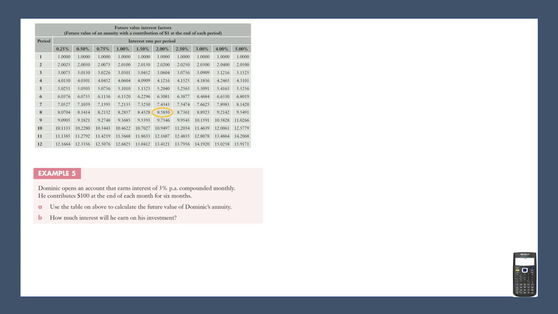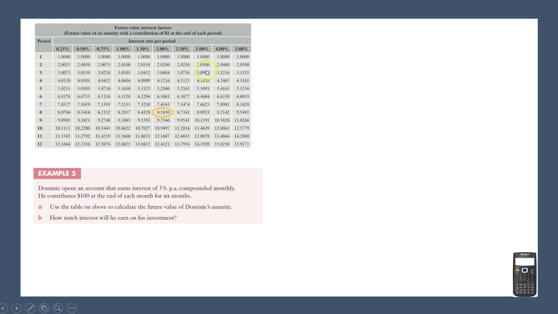Dominic opens an account that earns interest at 3% per annum compounded monthly. He contributes $100, so it's not $1, it's $100 for 6 months. Now, there's a little bit of work that needs to be done. 3% per annum compounded monthly.